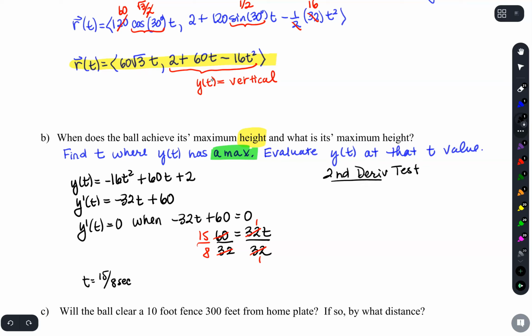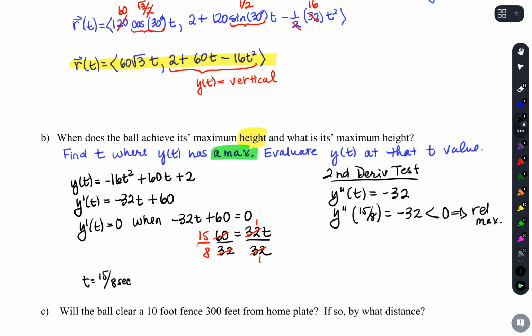And so if we do that, y double prime of t is equal to negative 32. And then if I evaluate that function at 15/8, that's still negative 32, which is a negative value, which implies that there is a relative maximum at that value of t.